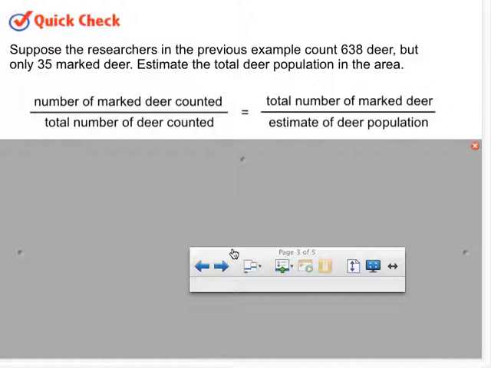And 35 deer were counted as tagged during the recapture step. Yep, 105 were tagged, just like the last problem.